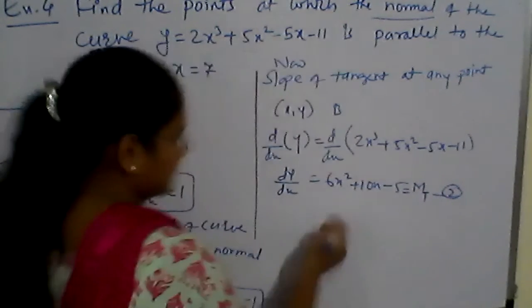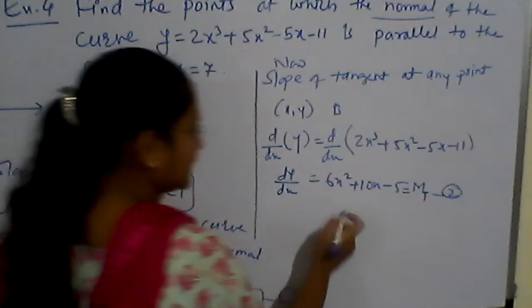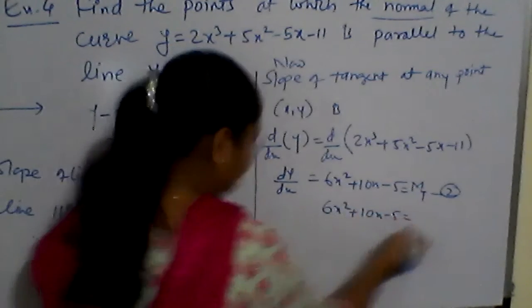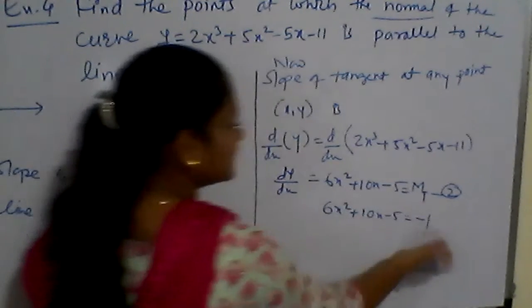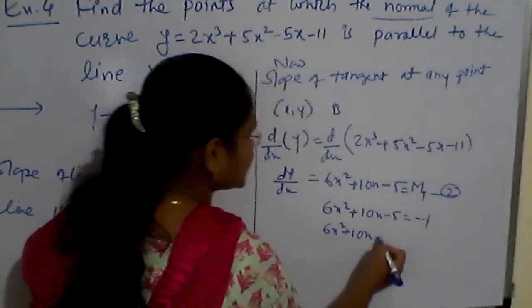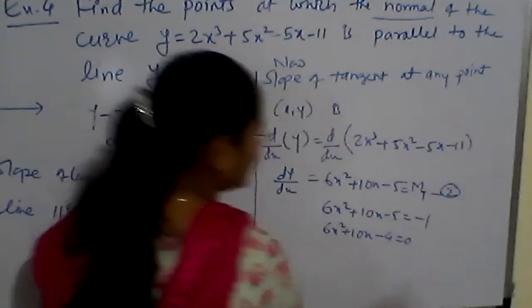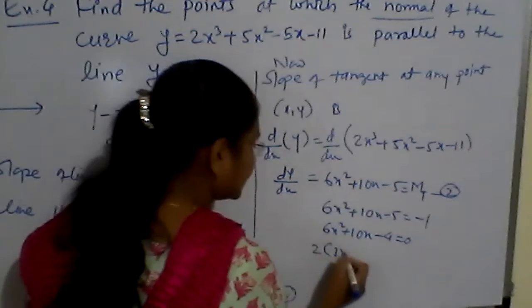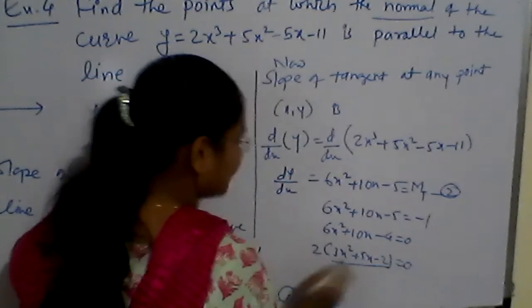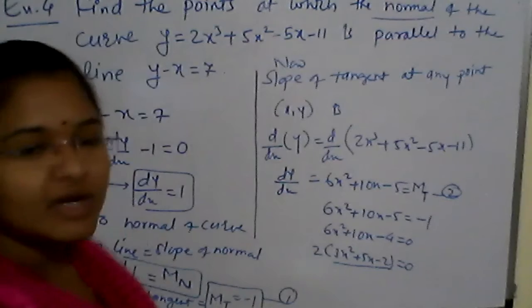So from 1 and 2 we have 6x square plus 10x minus 5 equals -1. If we take this to the other side, it will be 6x square plus 10x minus 4 equal to 0. So 3x square plus 5x minus 2 equal to 0. What are the values of x?